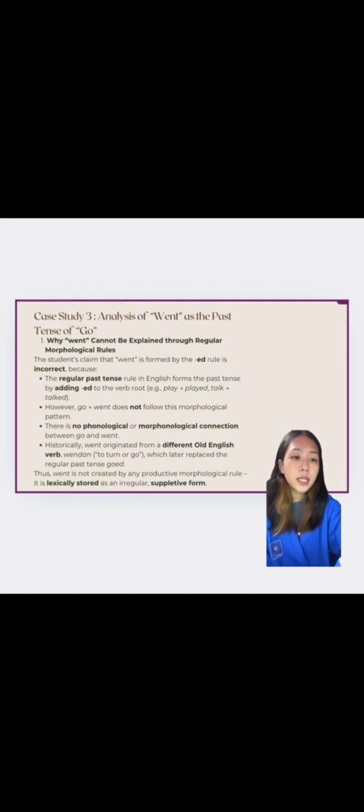Play becomes played, talk becomes talked. There is no phonological or morphophonological connection between go and went. Historically, went originated from a different Old English verb, wendan, meaning to turn or go, which later replaced the regular past tense of go. Thus, went is not created by any productive morphological rule.